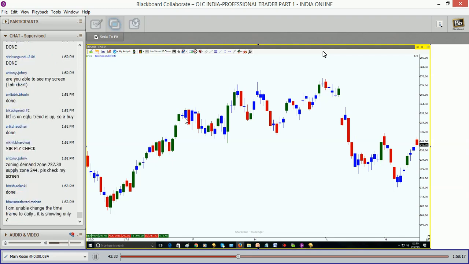That is not the correct zone, if I'm correct. Can you zoom out your screen a little bit? Because there are a lot more zones, Bikash. Have a look if there are more zones or not, because there are some coinciding good zones.